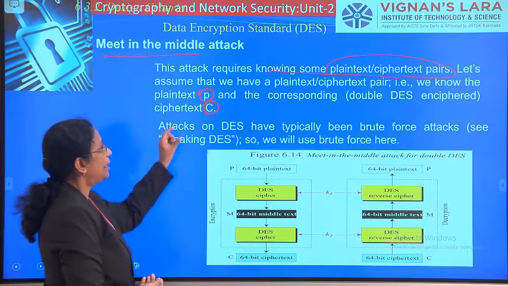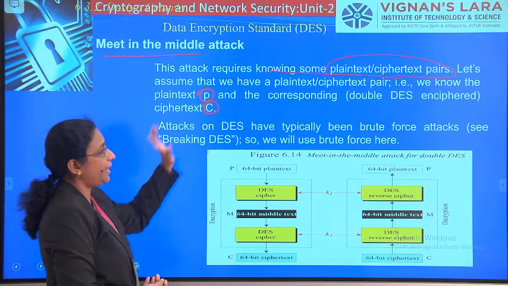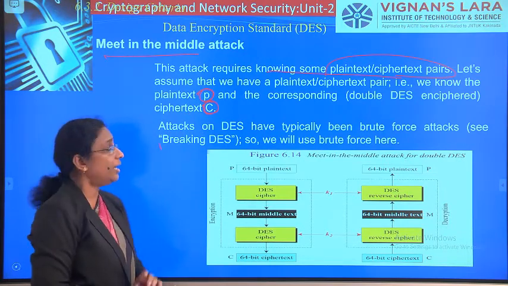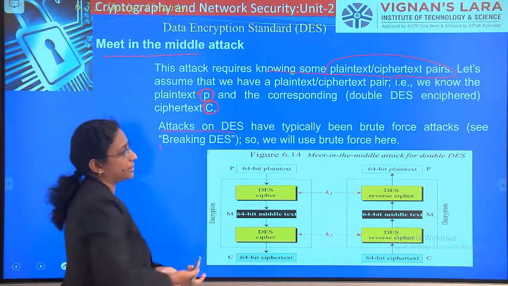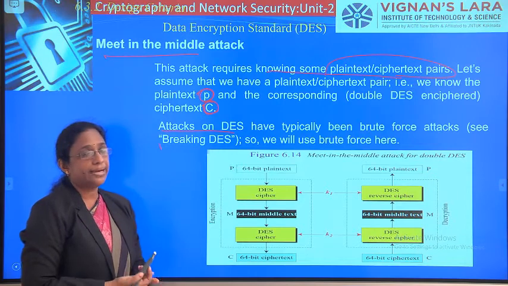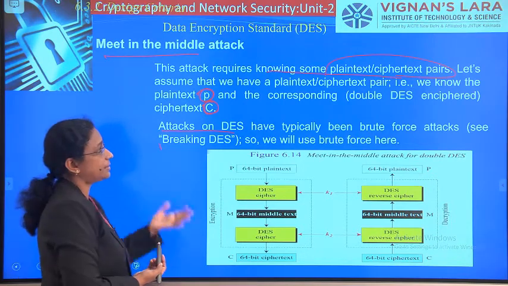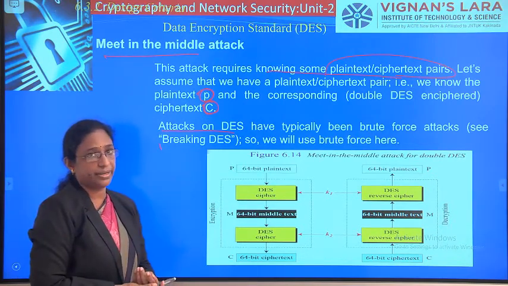Here let the plain text be P and the ciphertext C. Then the attacker applies the brute force attack on this plain text and ciphertext pair.